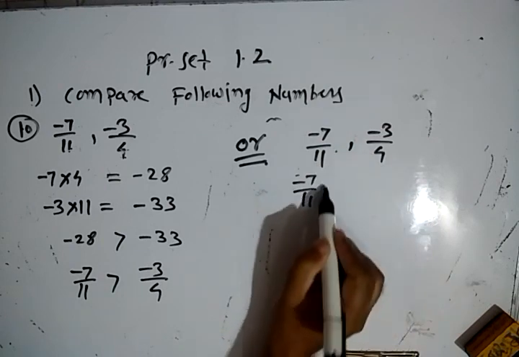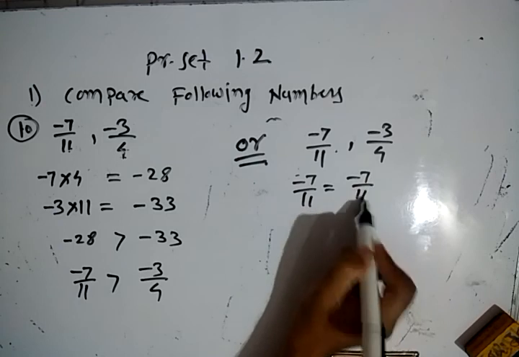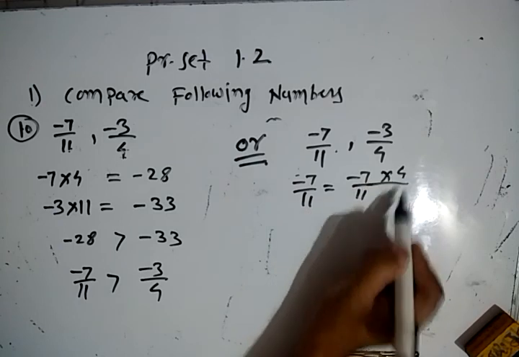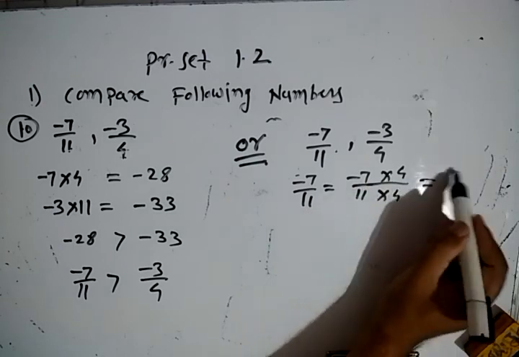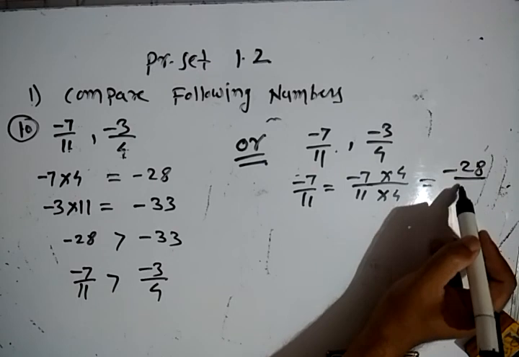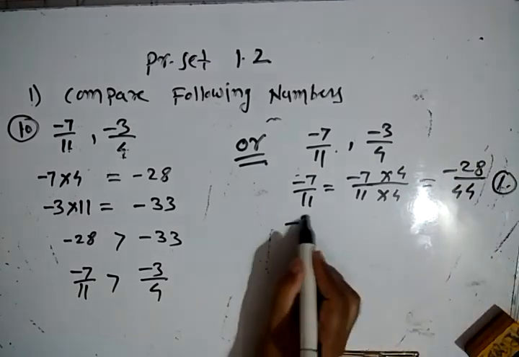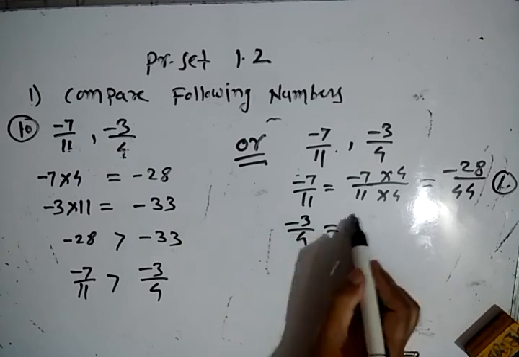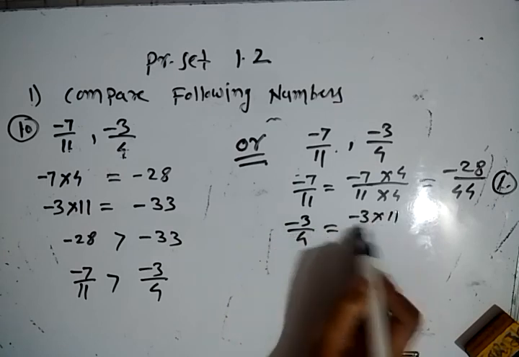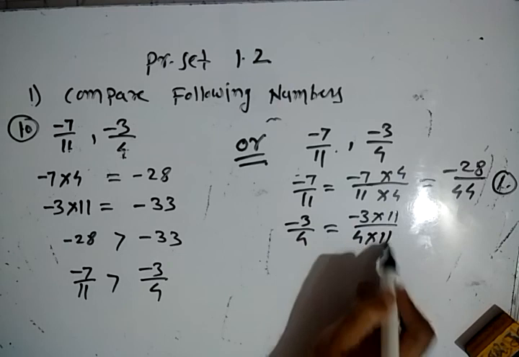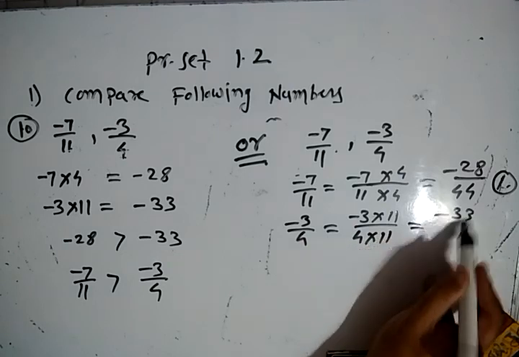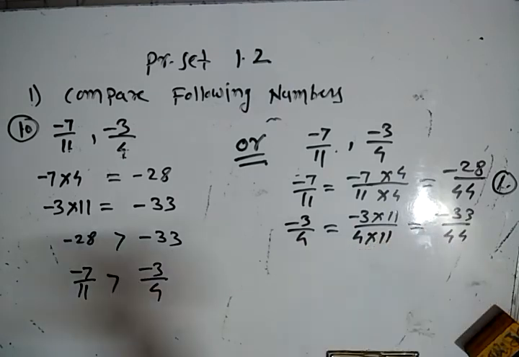Minus 7 upon 11 is equal to minus 7 into 4 upon 11 into 4, that is minus 28 upon 44. Second, minus 3 upon 4 is equal to minus 3 into 11 upon 4 into 11, that is minus 33 upon 44.